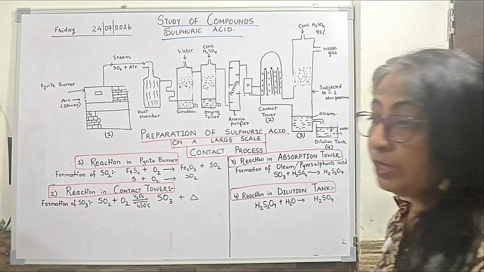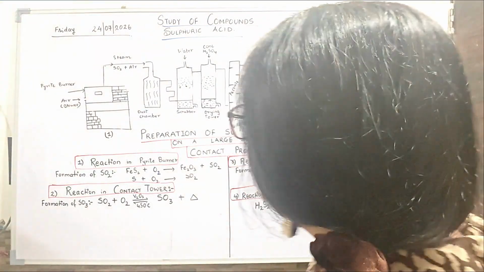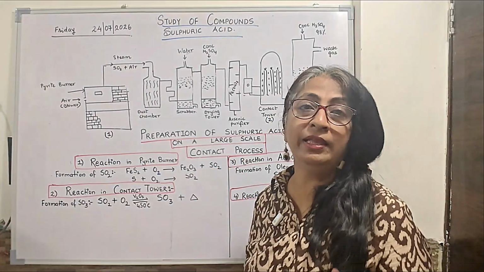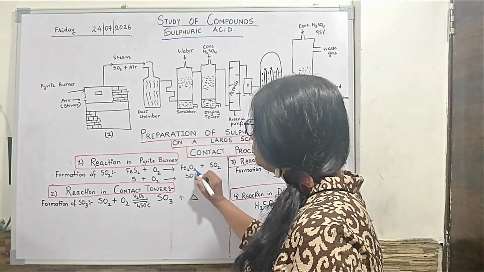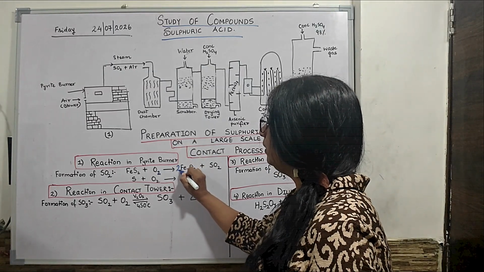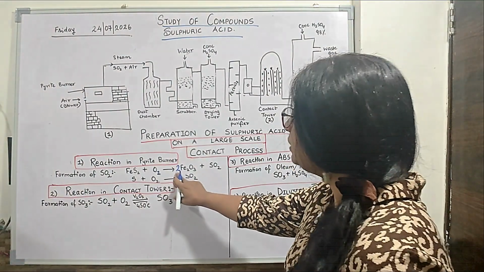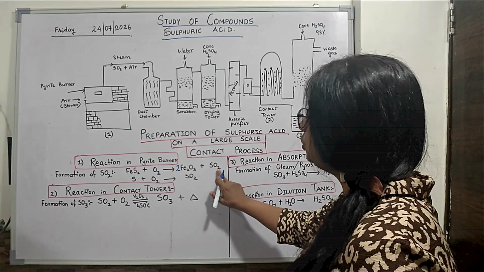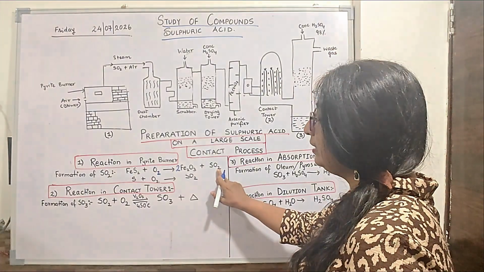The most important hack in balancing is whatever is odd, first try to make that even. Here, because oxygen is 3, I am making it even by adding 2 over here. So my oxygen has become 2 3s are 6 and this 2, that is 8. Are you getting this?